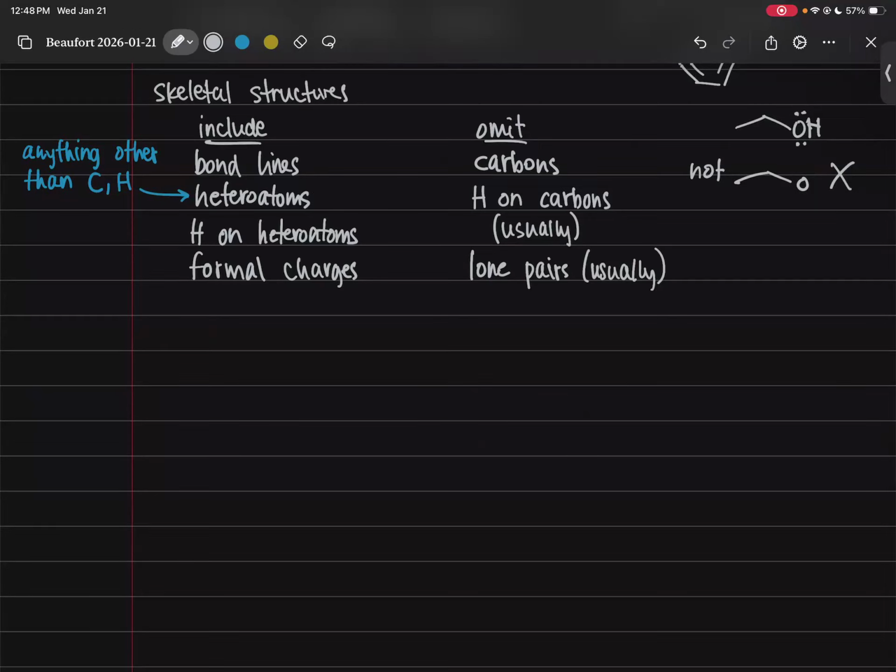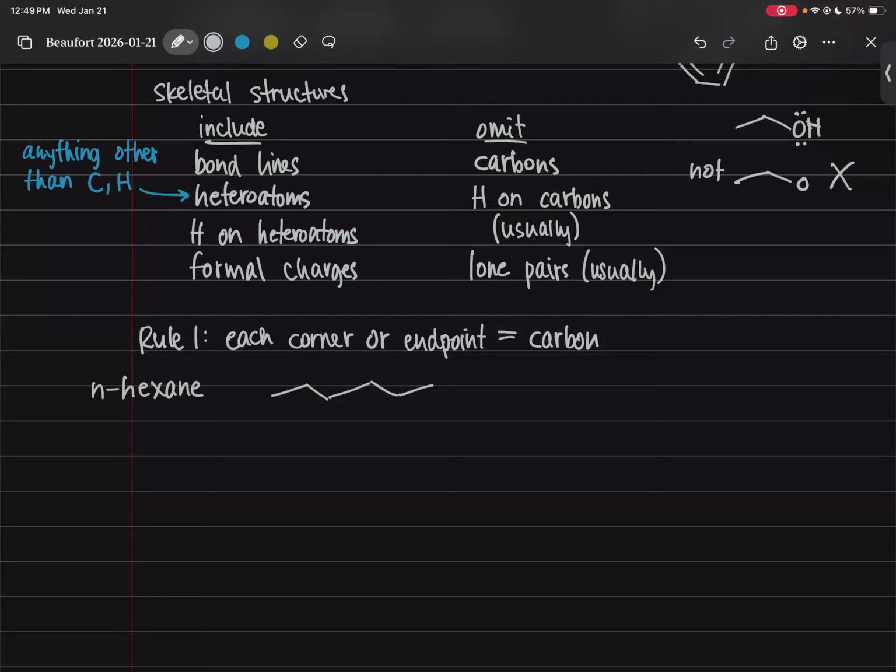There's a couple rules for drawing skeletal structures. So I think we should know this one. Each corner or endpoint is a carbon. One of the structures we used previously was this, which is hexane or n-hexane.